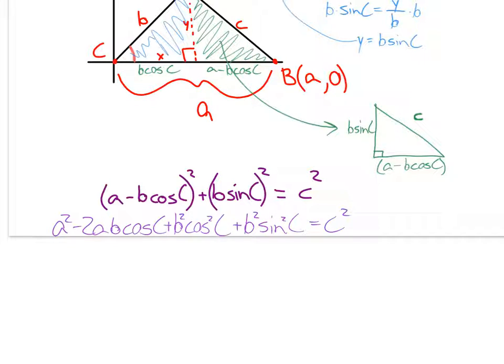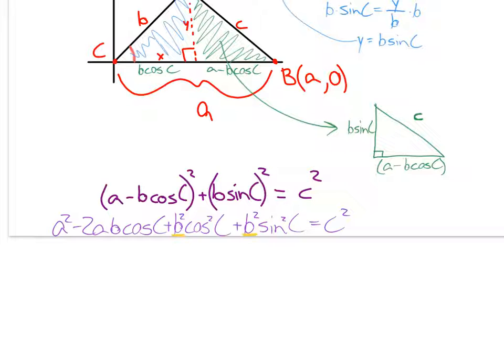Alright, now, Davi's pointed out these last two terms. By themselves, they don't equal 1, but there is something to what he's saying here. They've got a b squared in common.